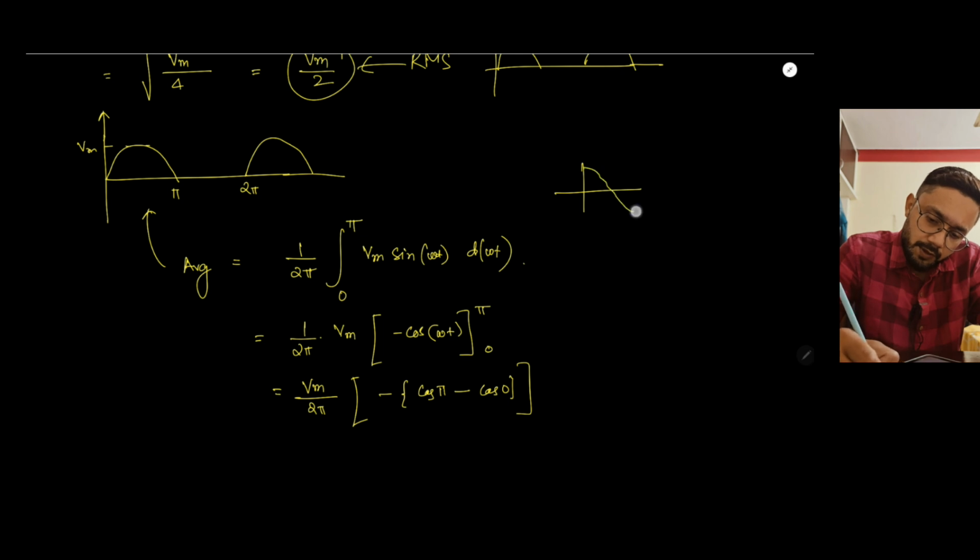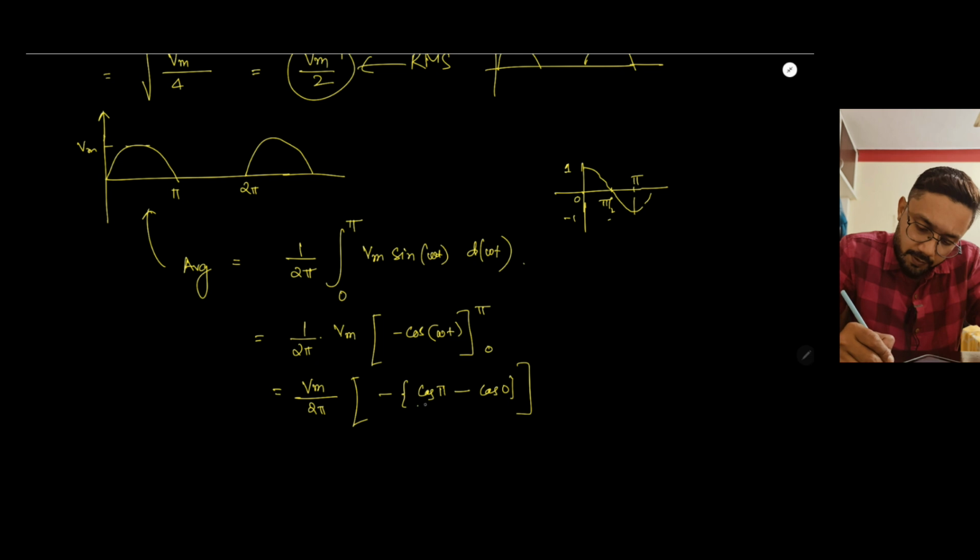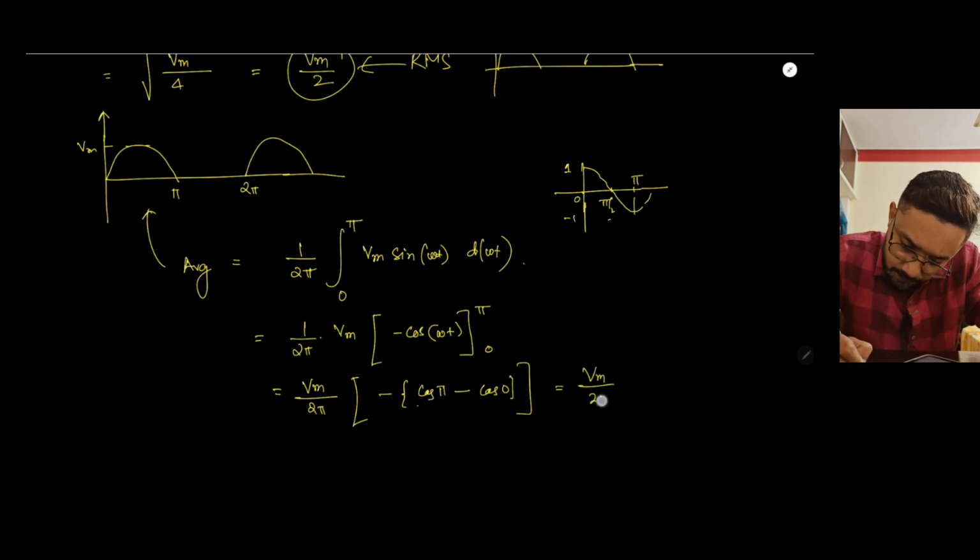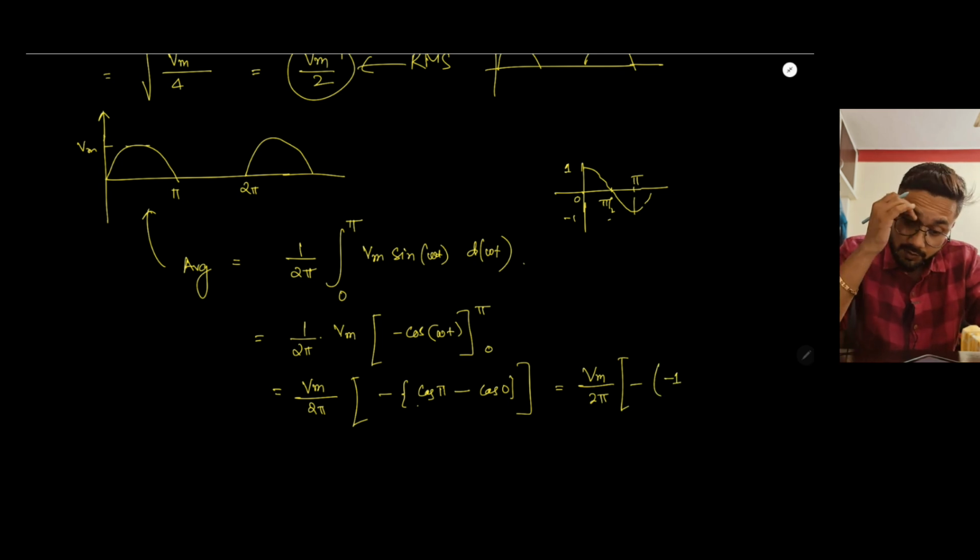Cos looks like this. So what is cos pi? Cos pi is -1, and what is cos 0?